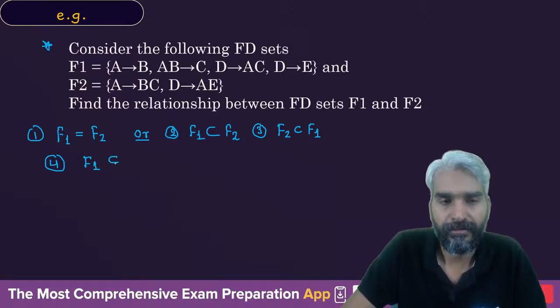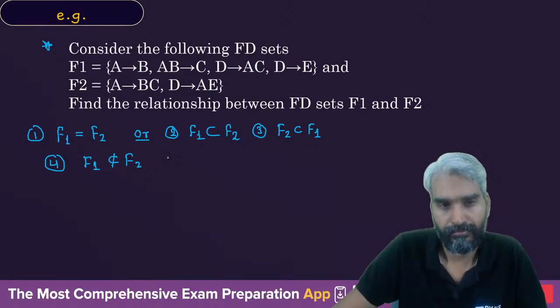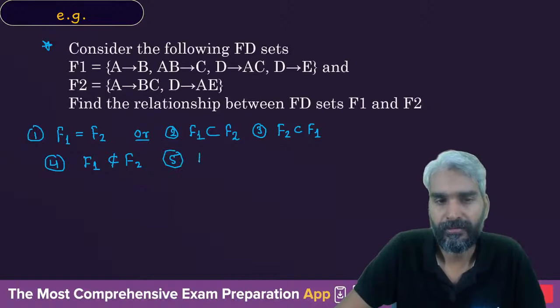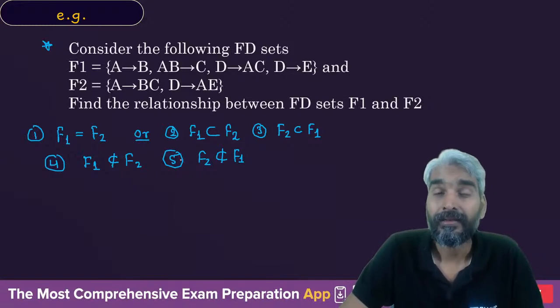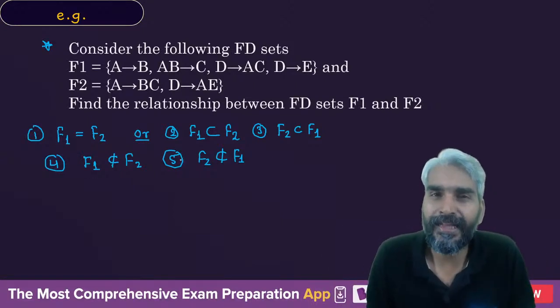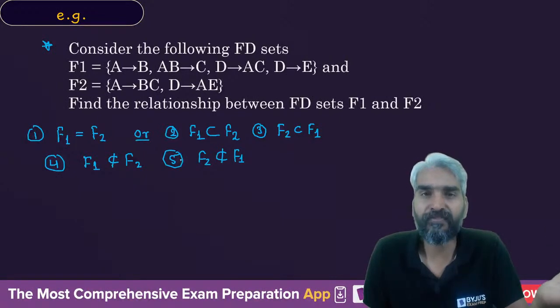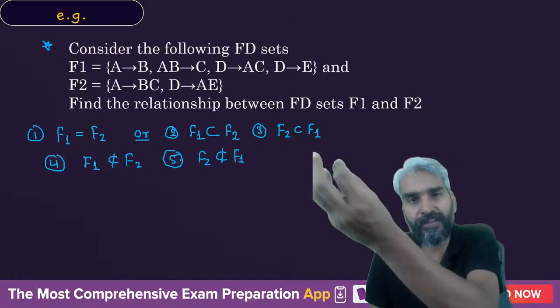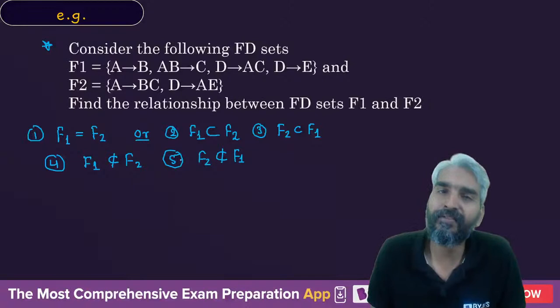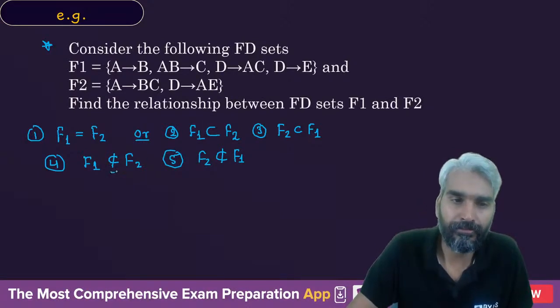fourth, F1 is not a proper subset of F2, fifth, F2 is not a proper subset of F1. So when you say not, then if both of them are of the type in which some of the FDs of F1 are not in F2 and some of the FDs of F2 are not in F1, then both of them will be true.